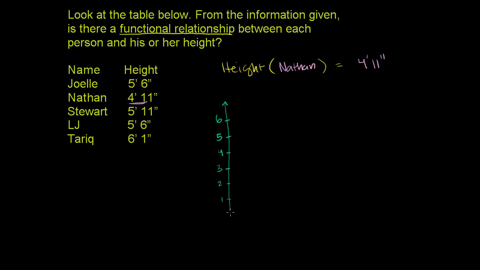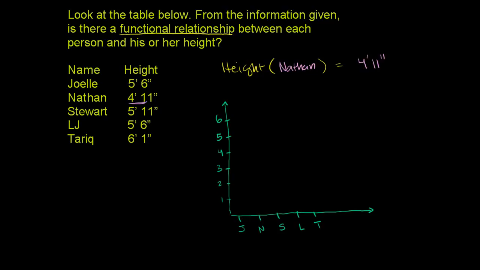And then if I were to plot the different people that I could put into our height function, I'll just put the first letters of their names. We have Joel. We have Nathan. We have Stuart. We have LJ. And then we have Tariq right there.